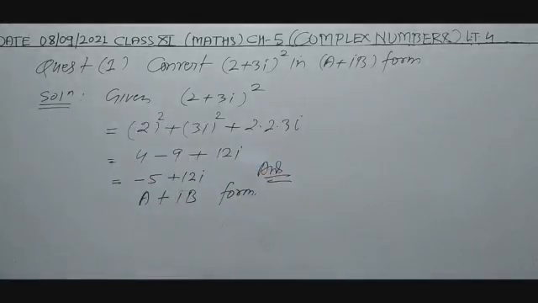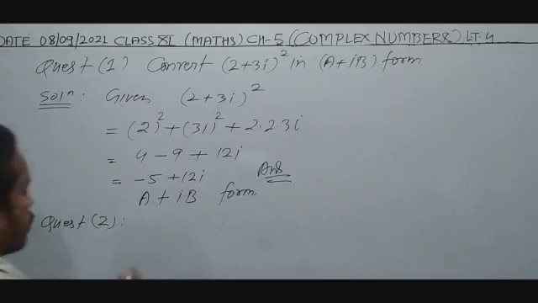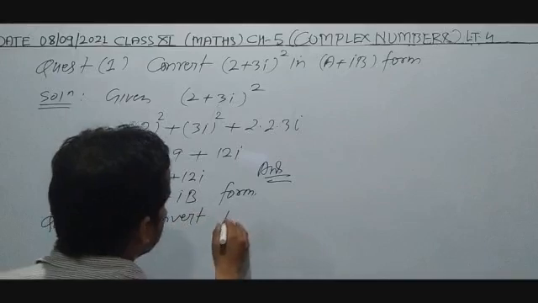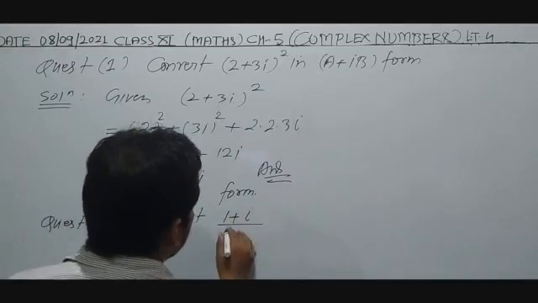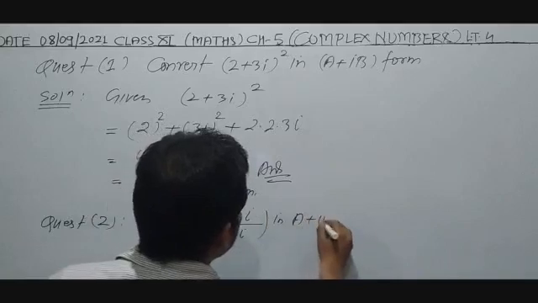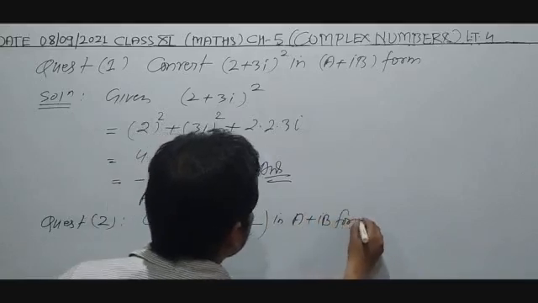Now come to the second question. Second question is, question number 2. Convert 1 plus i upon 1 minus i in A plus iB form.